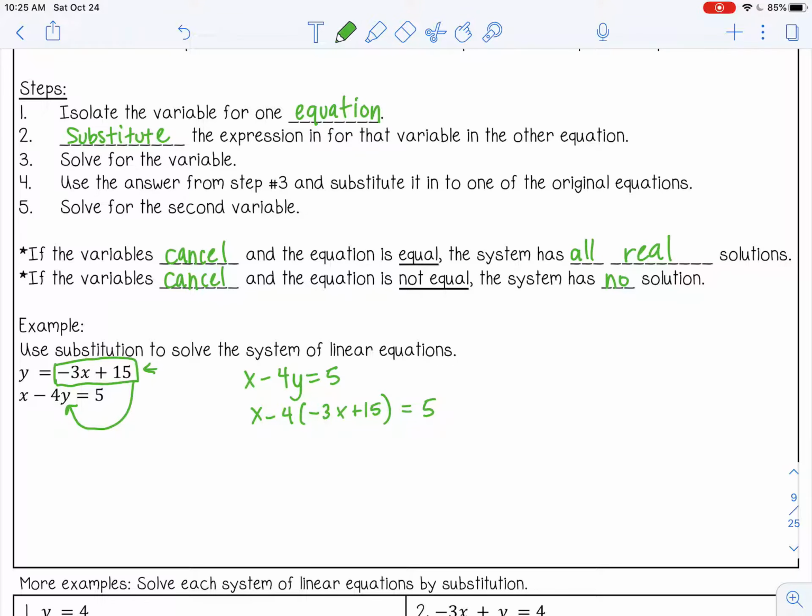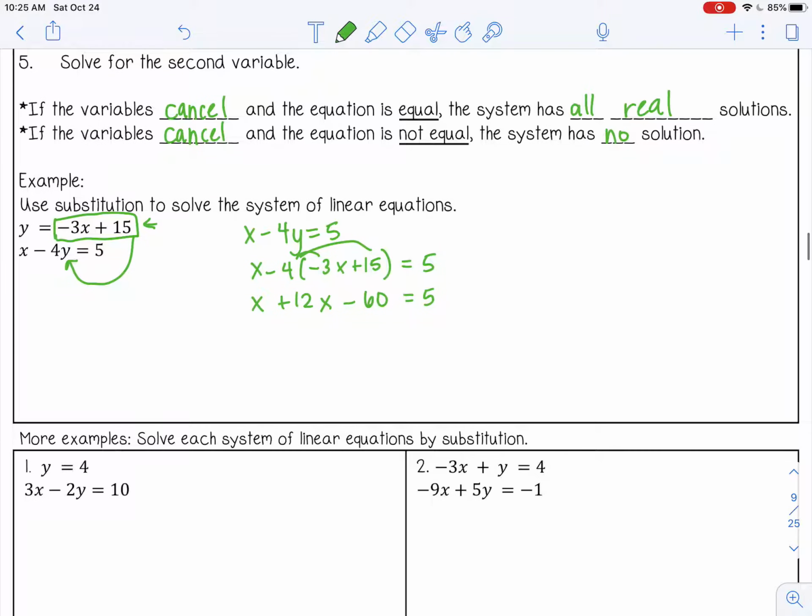So I'm going to distribute that negative 4 first. I'm going to bring down my x. So negative 4 times negative 3, that's positive 12x. Negative 4 times 15, that's negative 60. All right, I have like terms here. x plus 12x, that's 13x.